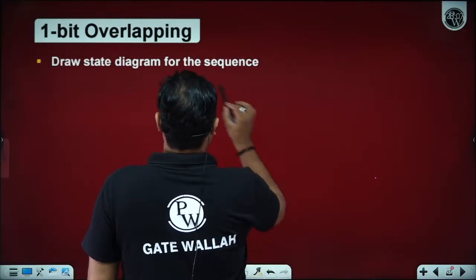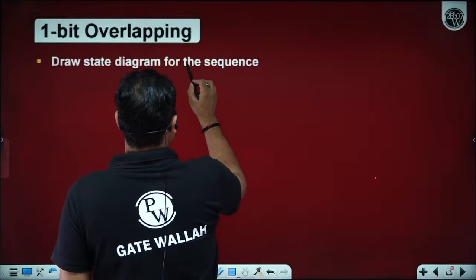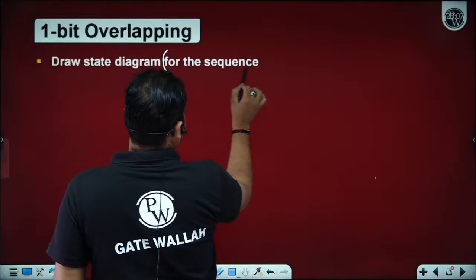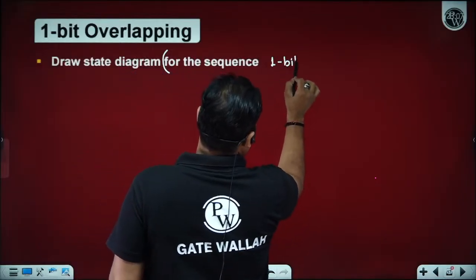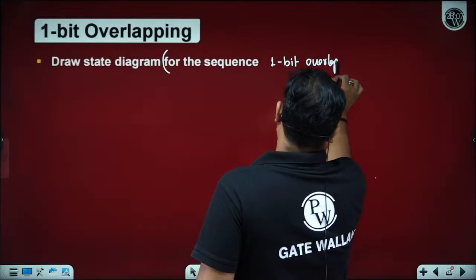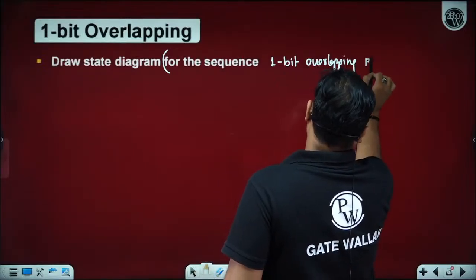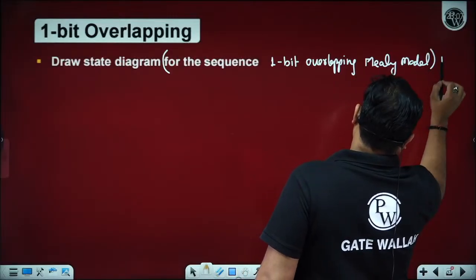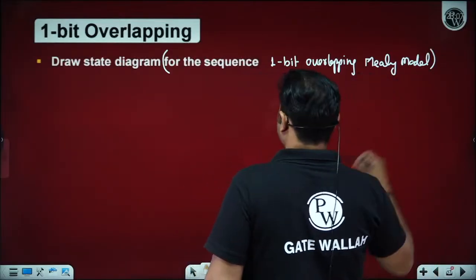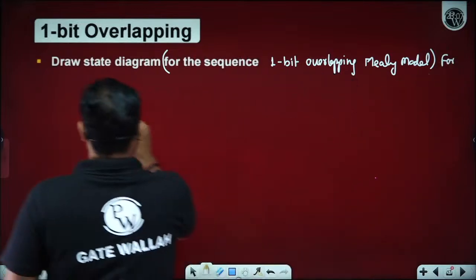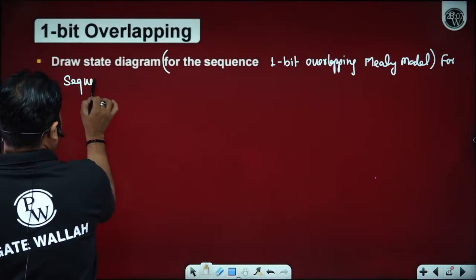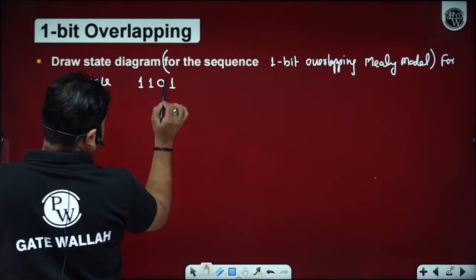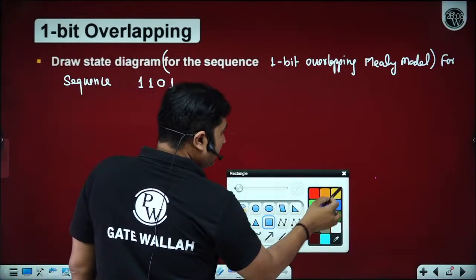So 1 bit overlapping, draw a state diagram for the sequence detector, 1 bit overlapping Mealy model for sequence 1101. So can you design for 1101?